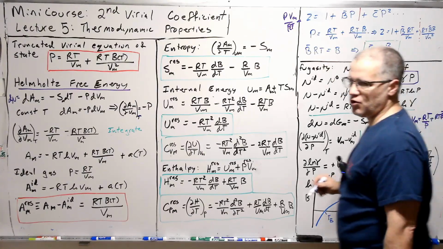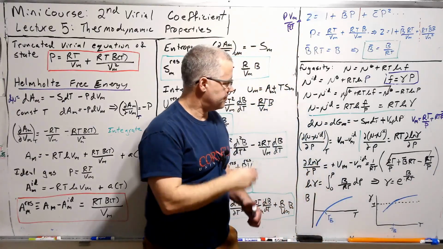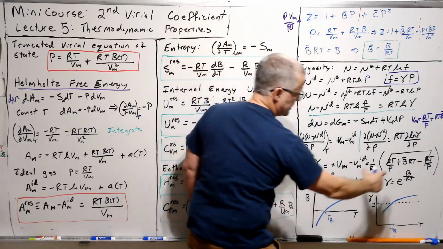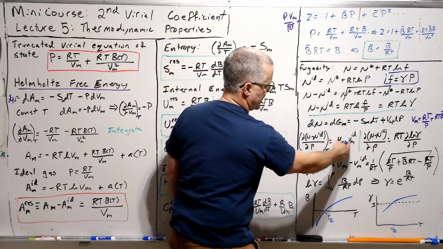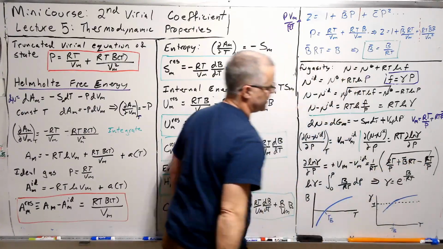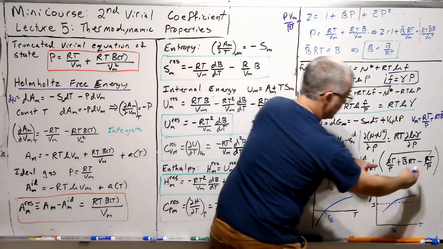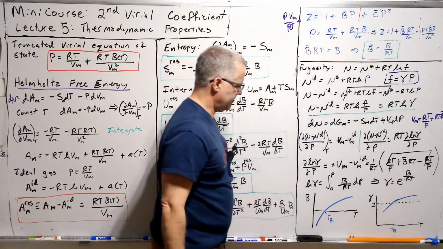So I'm going to have no P in that second term. So that's what's getting stuck in here. And then the ideal gas is just RT over P. So that cancels this bit here and leaves only that.